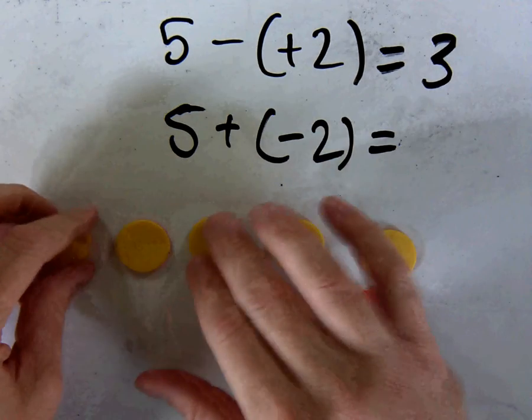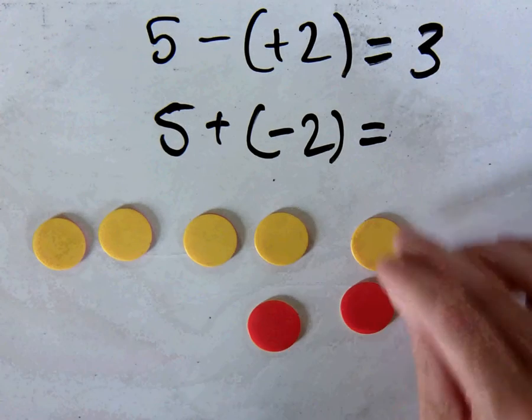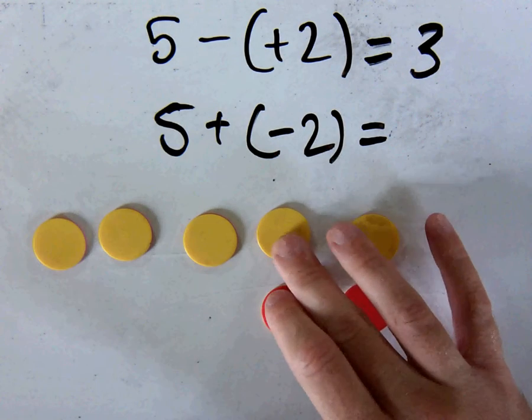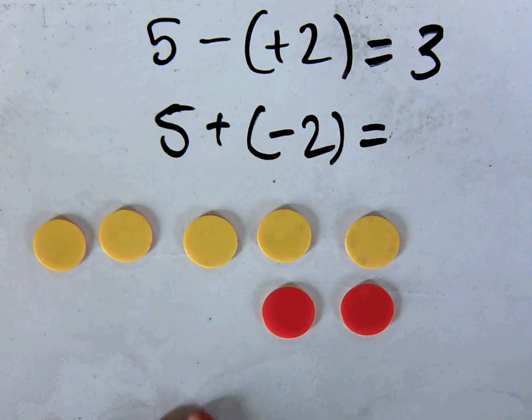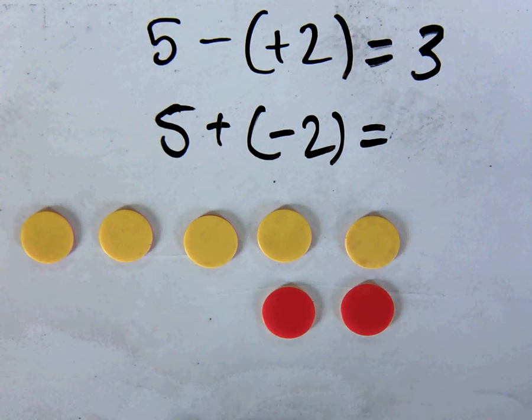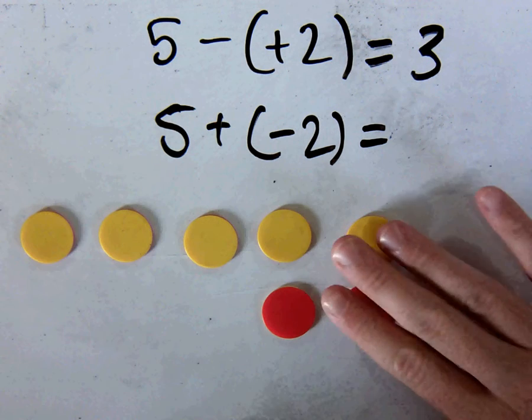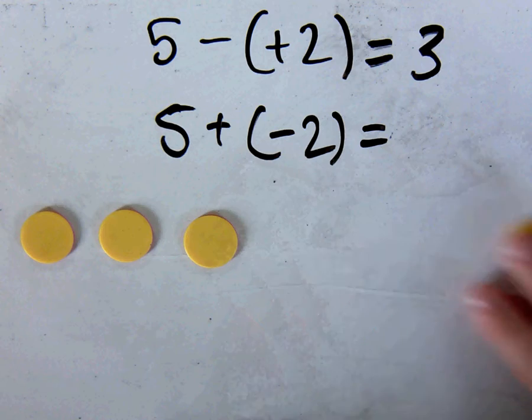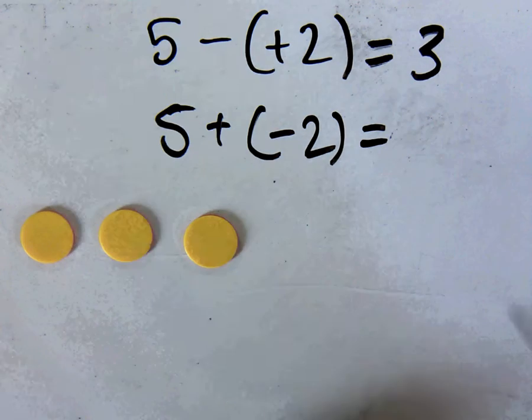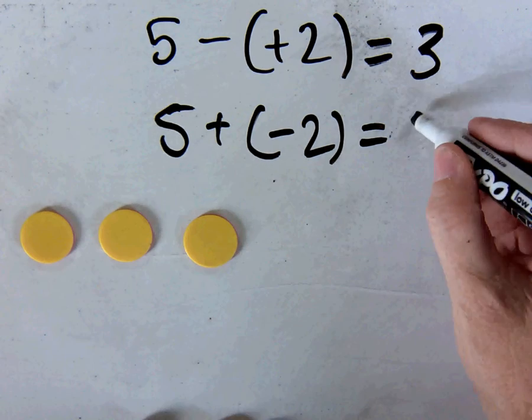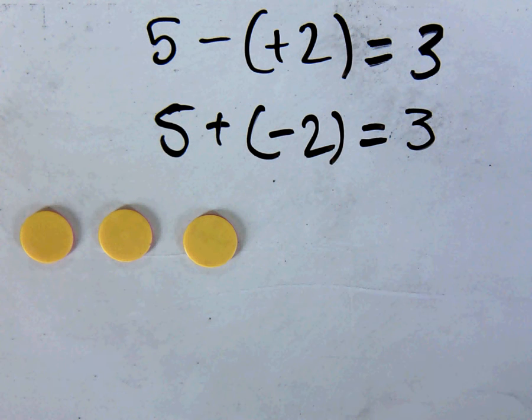Anytime we get a zero pair on the board, a red and a yellow together, they cancel each other out. So this goes away, this goes away, and I'm left with my 3 positives. So 5 plus a negative 2 is essentially the same thing as 5 minus positive 2.